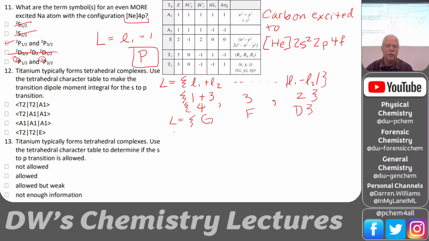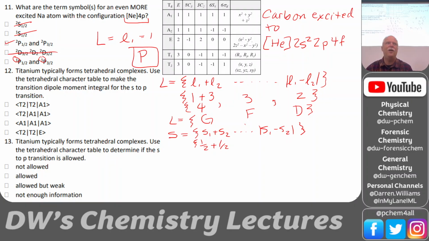Okay, then we do S. Capital S equals S1 plus S2, all the way down to S1 minus S2, absolute value. 1/2 plus 1/2. I didn't ask you how to get that. Where'd the 1/2s come from?